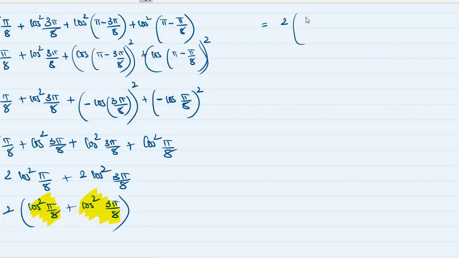So I'm going to write it as 1 plus cos pi by 4 by 2 plus 1 plus cos of 3 pi by 8 times 2, which is 3 pi by 4, by 2. Because that's your theta, 3 pi by 8, you want 2 theta in the formula: 1 plus cos 2 theta by 2, so 1 plus cos 3 pi by 4 by 2. Bracket close.